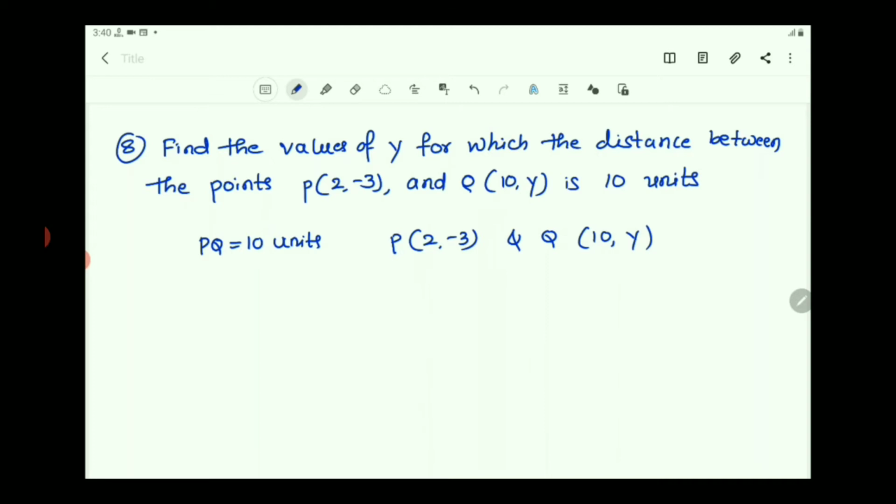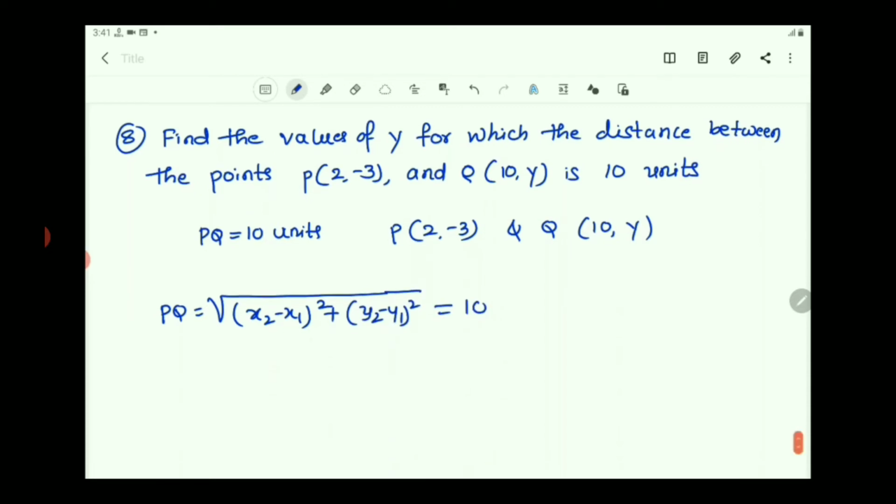So you write the formula for distance, that is the distance formula. PQ equals the whole root of (x2 minus x1) whole square plus (y2 minus y1) whole square. The distance is given, that is 10.